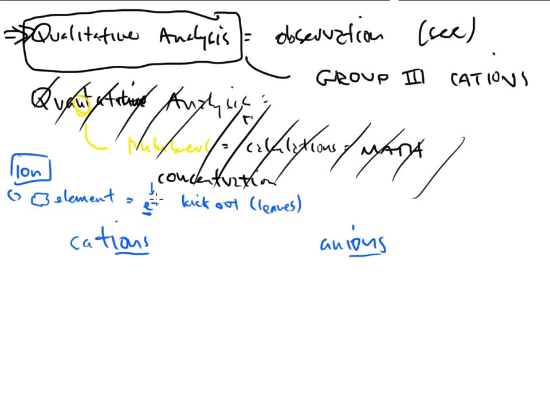So if the atom kicks out an electron, that atom kicks out a negative charge, and the atom becomes positively charged because of that. And that positively charged atom is called a cation. Look at the T in cation. You'll see a plus sign, and that is a very quick and easy way to remember what a cation is.